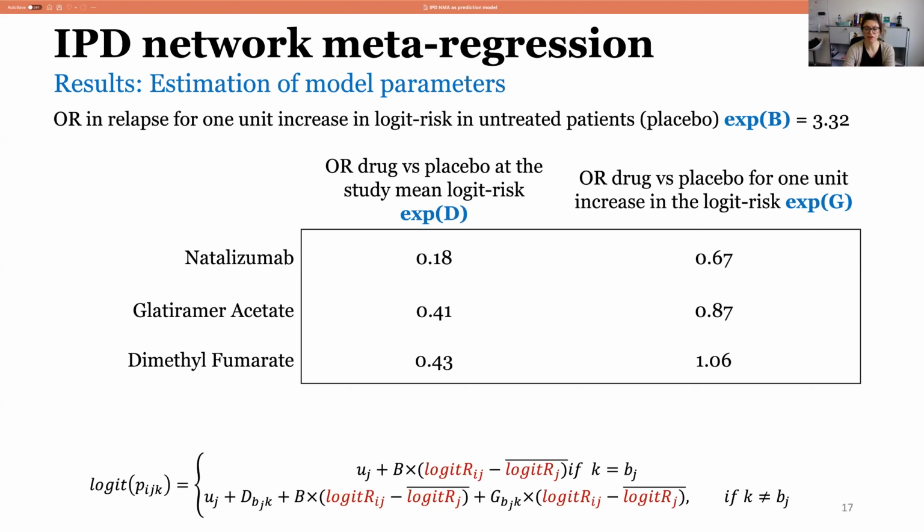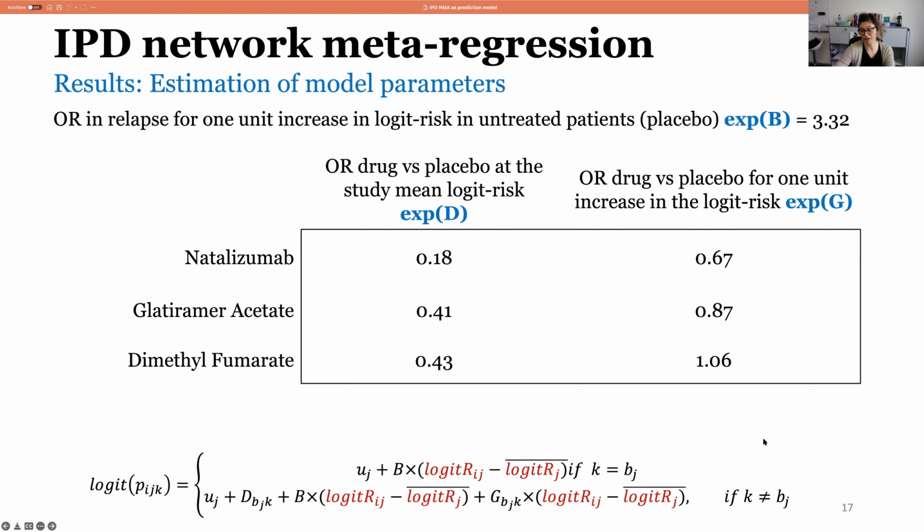When we fit the model to our data, we can estimate the odds ratio of each of the 3 drugs versus placebo at the study mean logit risk. And you see natalizumab is considerably better than the other 2 options.